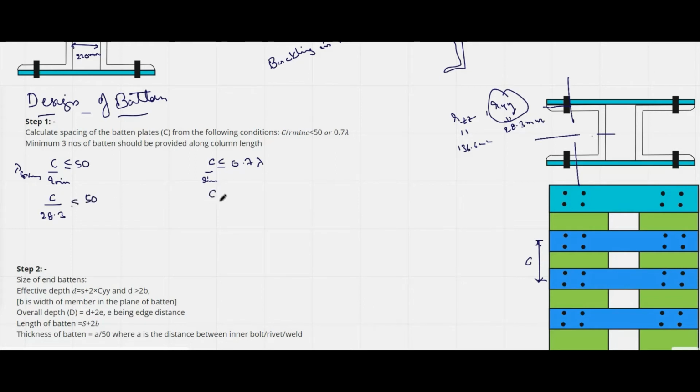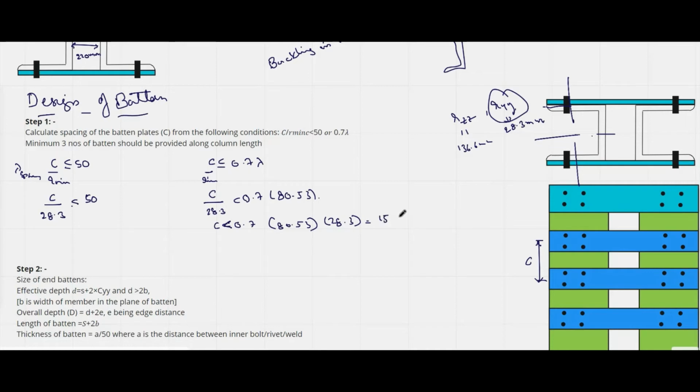At the same time, C divided by 28.3 must be less than 0.7 times the slenderness ratio, which was around 80.53.